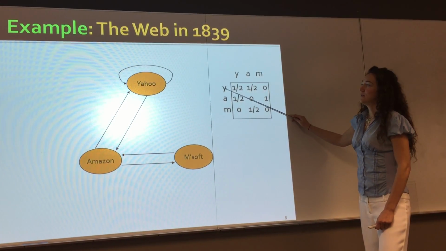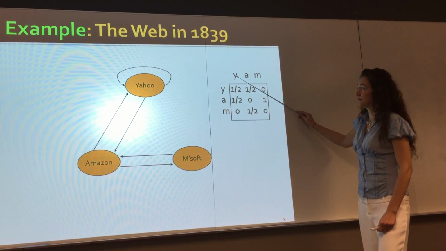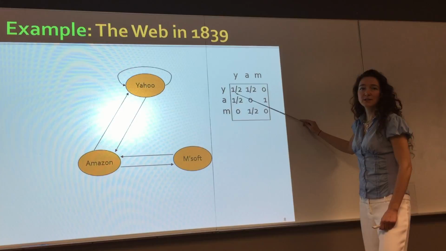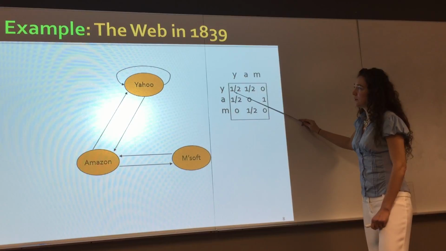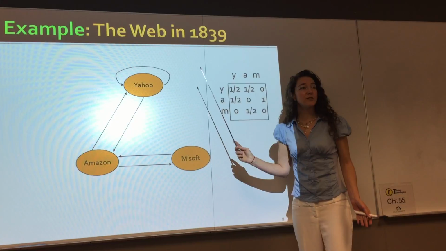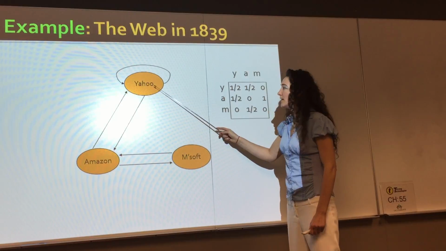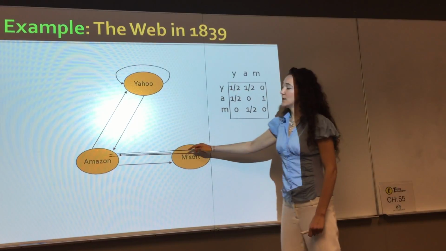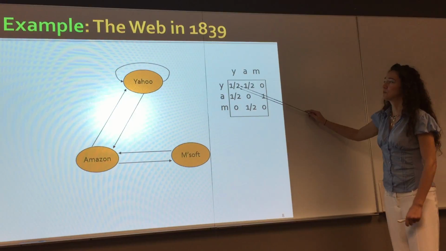If we give an example with page i, a location i of the matrix, we have Yahoo right now. And the fraction is 1 over 2 because we said it is 1 over the number of links to that page, including the page itself linking to itself. So Yahoo is linking to itself with this loop. That's one page linking to Yahoo, and another one is that Amazon is linking to Yahoo. So there are 2 pages linking to Yahoo, so it's 1 over 2.